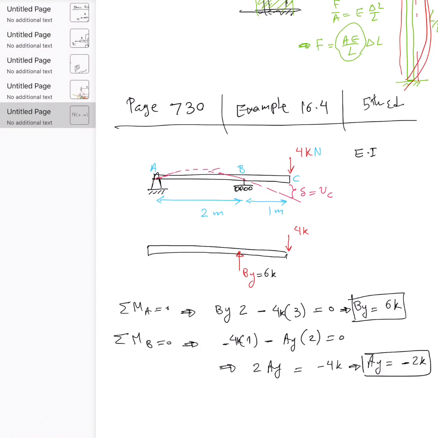So AY is going to go the other way, and its value is equal to 2K, positive the other direction. So if you take it upward, originally I took it upward and I solve it, get negative 2K. So I just flip the sign and it's now positive 2K. So this is all I get for the reactions, and AX is 0 obviously. So I didn't put it there.